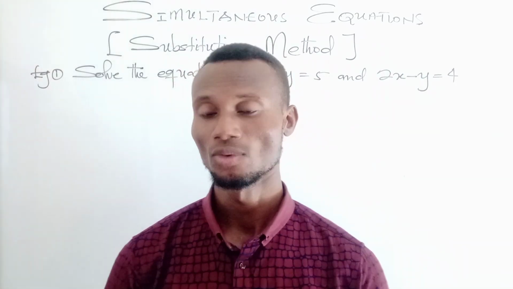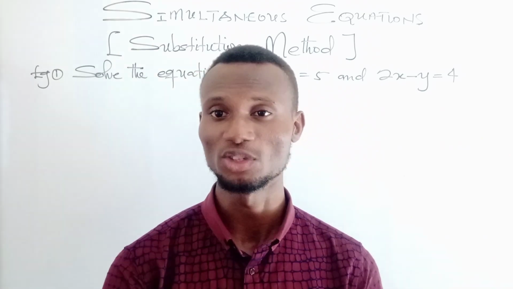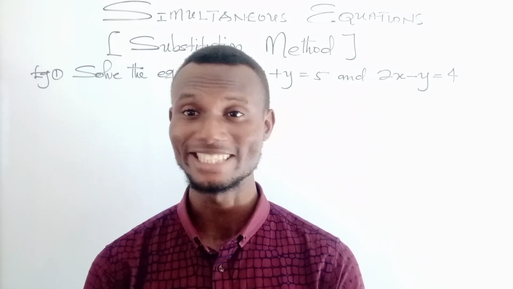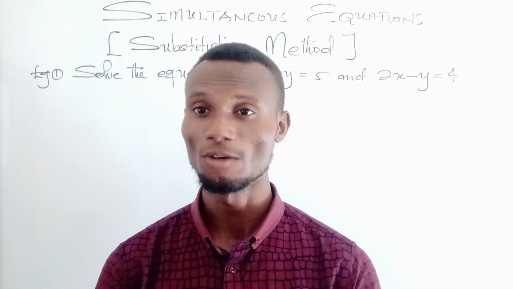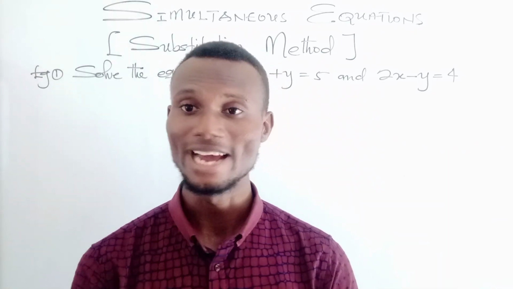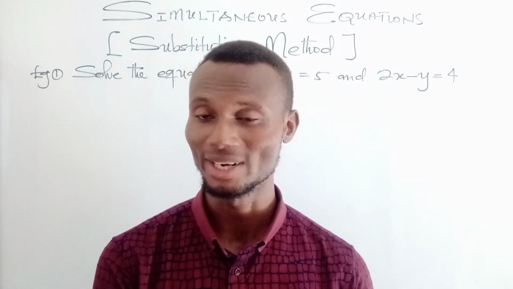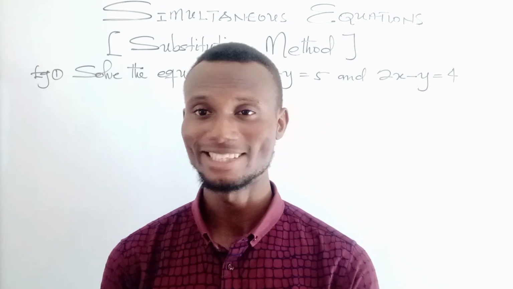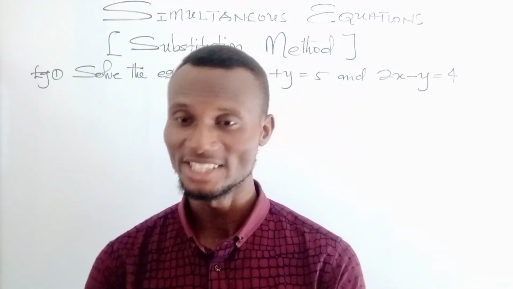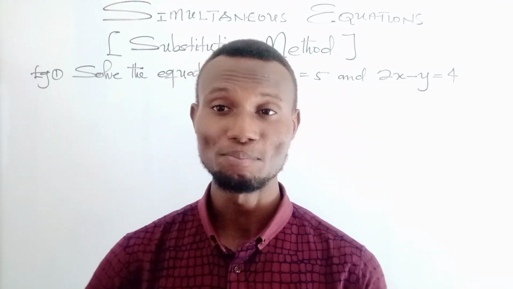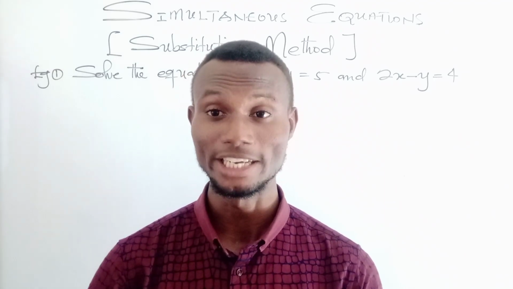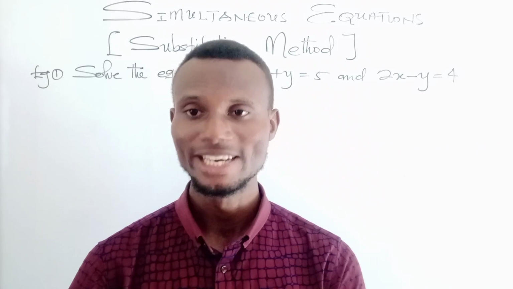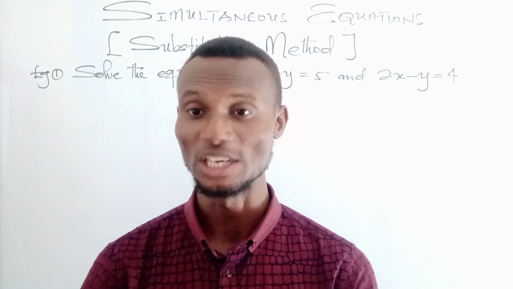The substitution method of solving simultaneous equations simply refers to the use of change of subject in solving simultaneous equations. That's it about the substitution method. I'm going over it one more time. The substitution method refers to the application of change of subject in solving simultaneous equations.